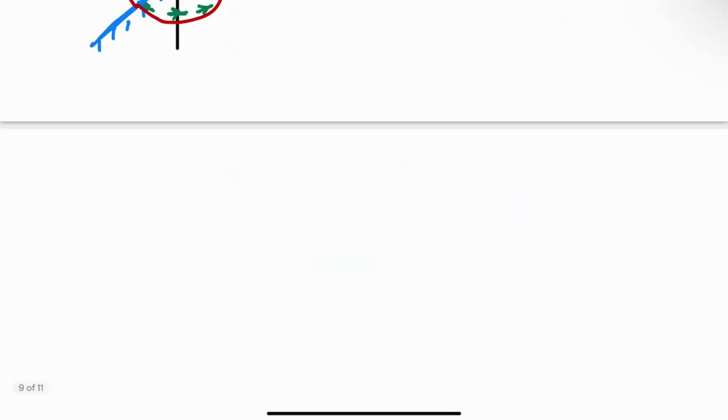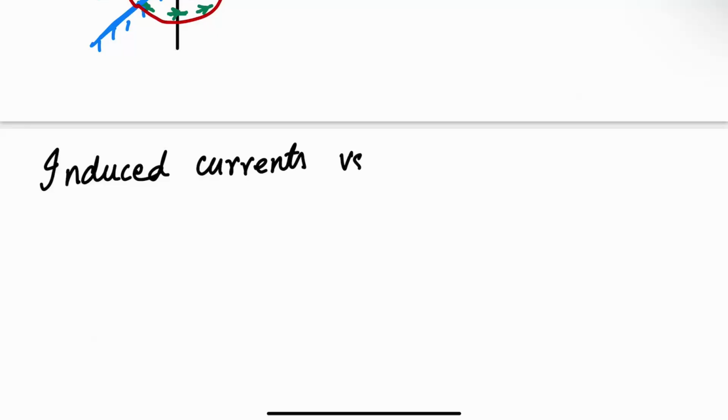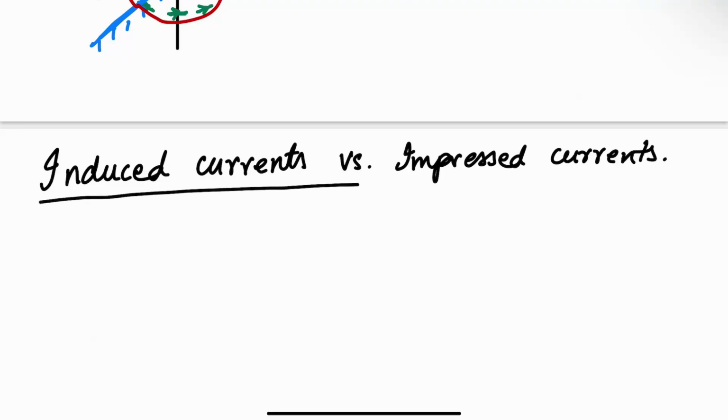Okay. So the last topic for today is to discuss the difference between induced currents and impressed currents. This is usually a confusing topic, if you're looking at it for the first time.